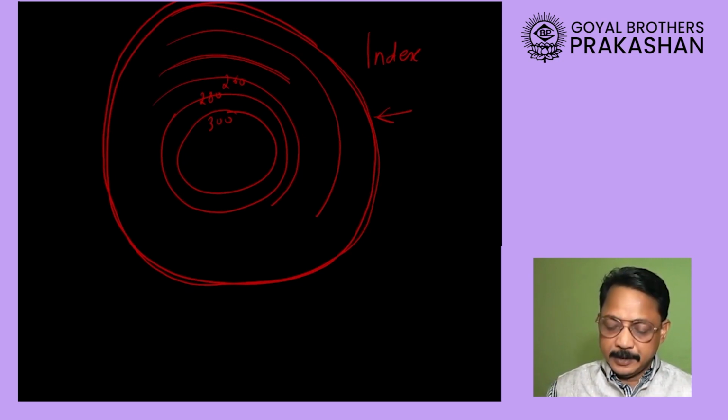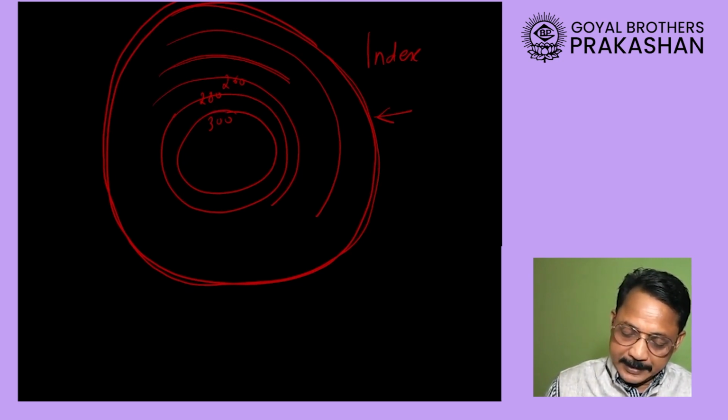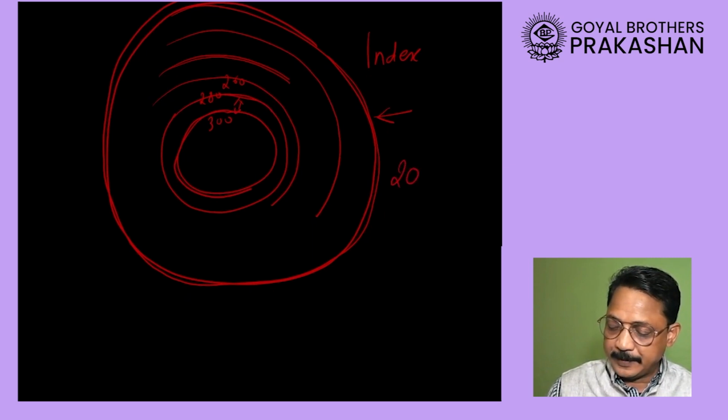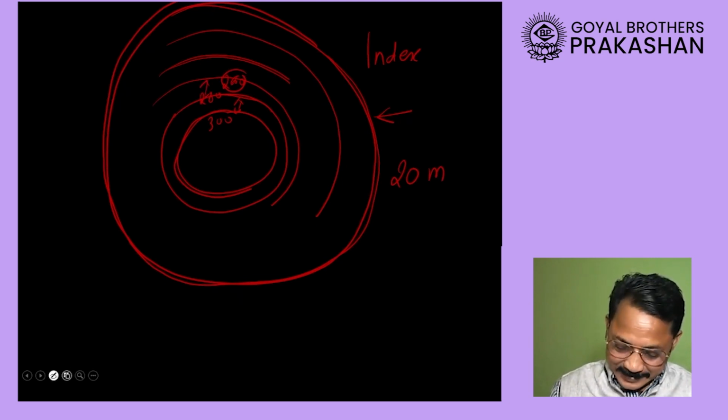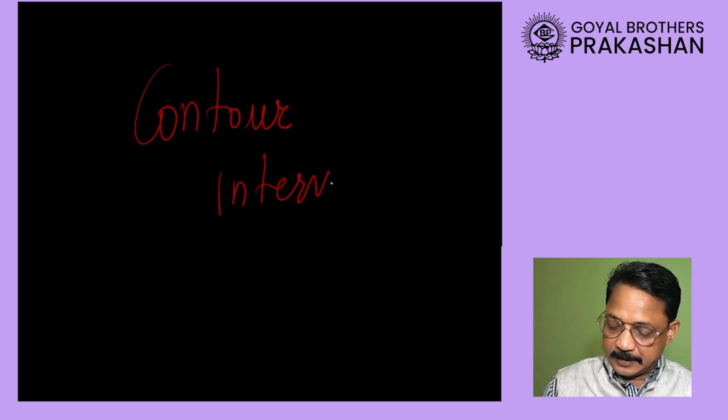Now another important thing, if the innermost line is 300 and the outer line is 280, I find here is a distance of 20 meter. Then from 280, when I go further out, the number here is 260. Again, here is a gap of 20 meter. This gap between two consecutive contour lines is called contour interval.